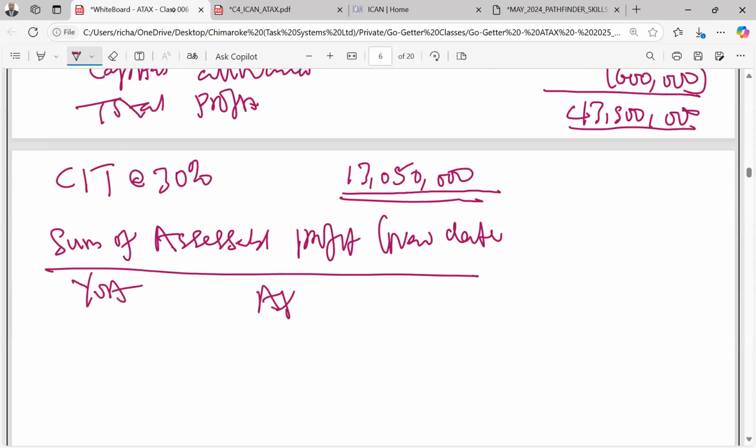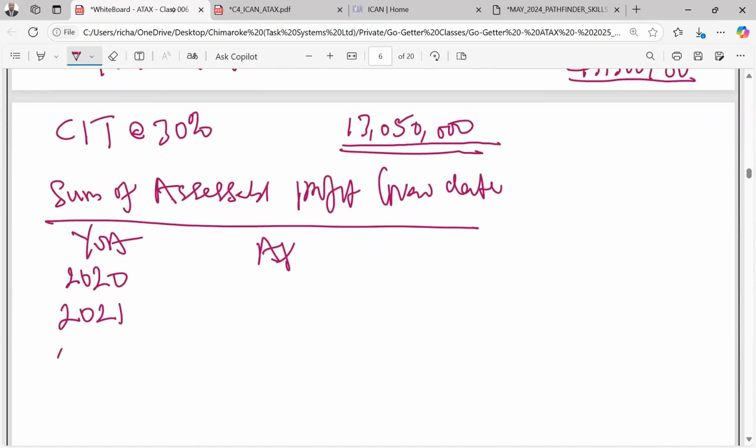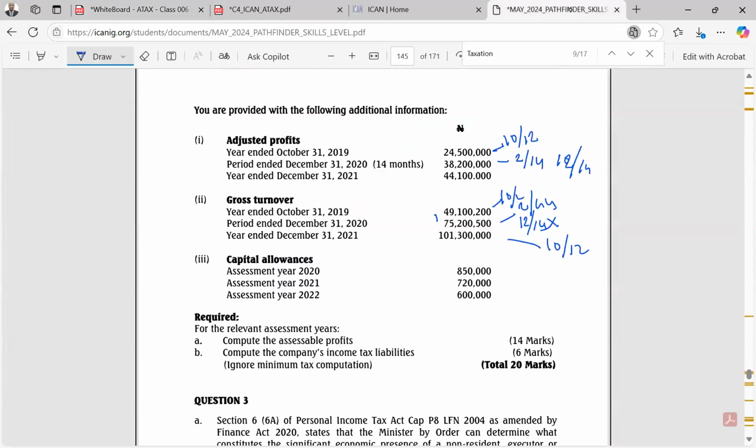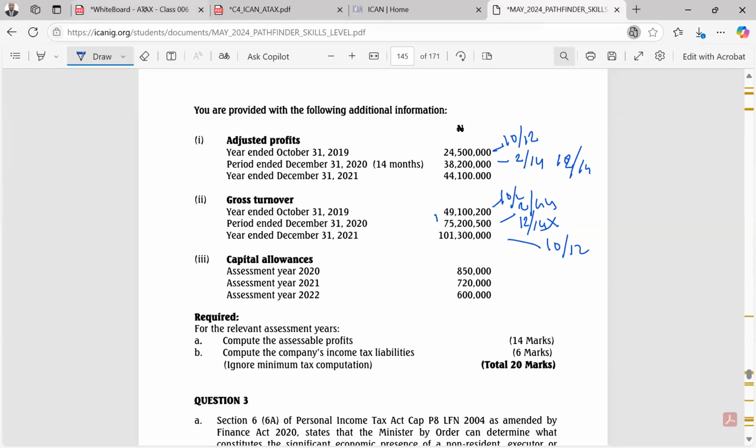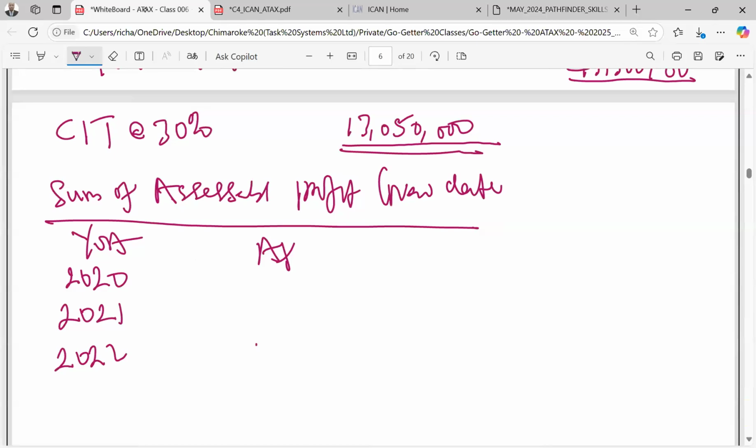Is the assessable profit 2020, 2021, 2022. So for 2021, 2022 is just straight 44,100,000.